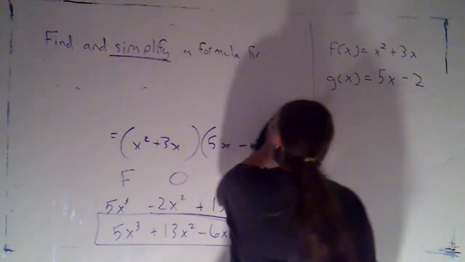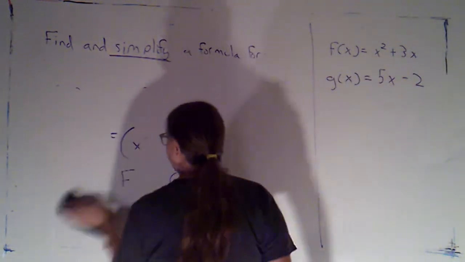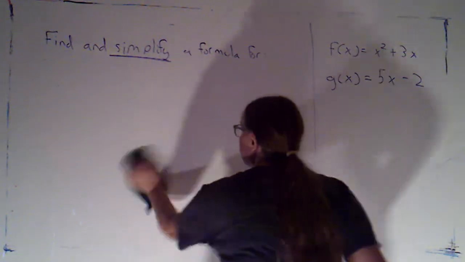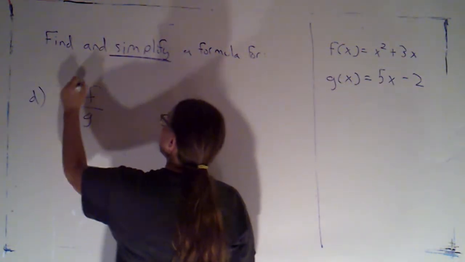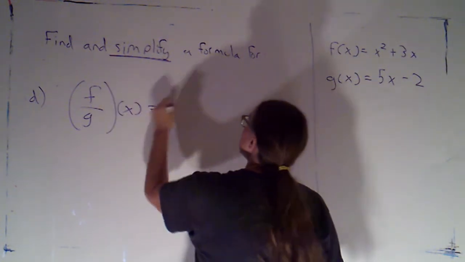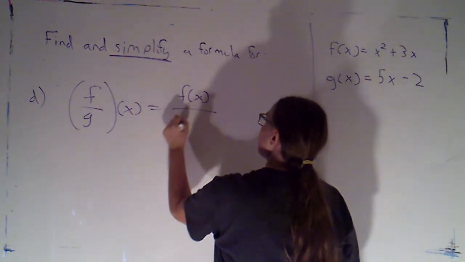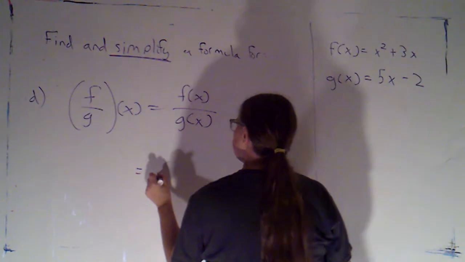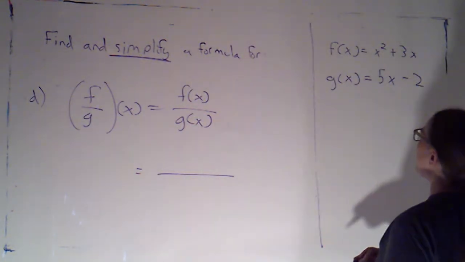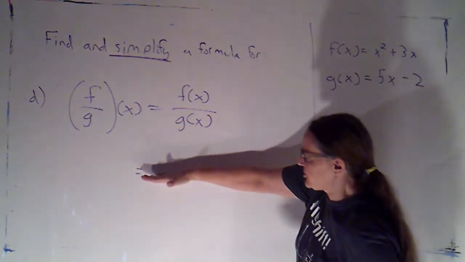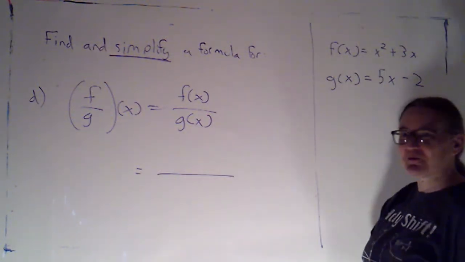Part D was to find the quotient function, f divided by g of x. So that's just f of x over g of x. And with a fraction, there are understood parentheses around the top and the bottom. This fraction bar actually behaves as its own grouping symbol.